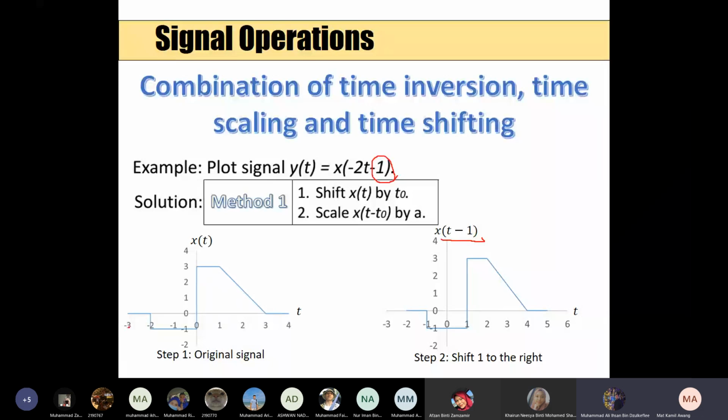Basically this signal is shifted by 1, something like this. That is shifted by minus 1. So this is the first operation. You shift the signal. Second, you scale the signal by a.